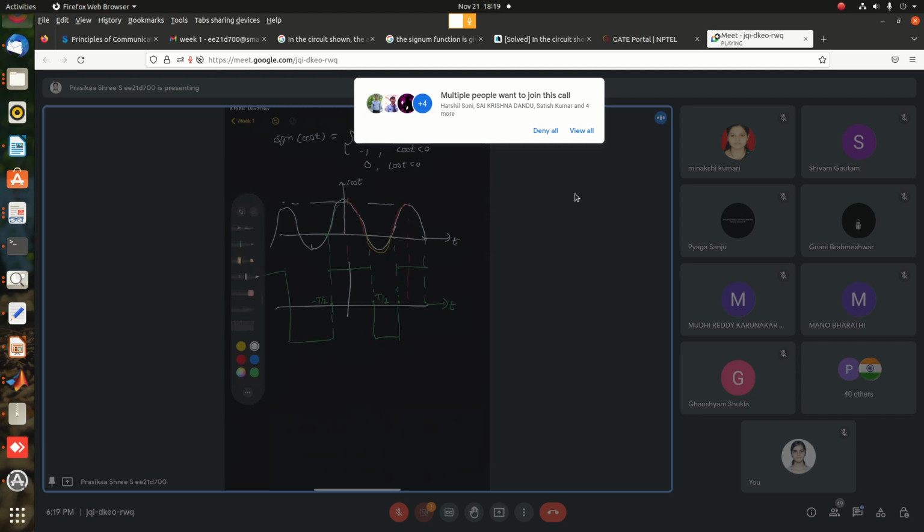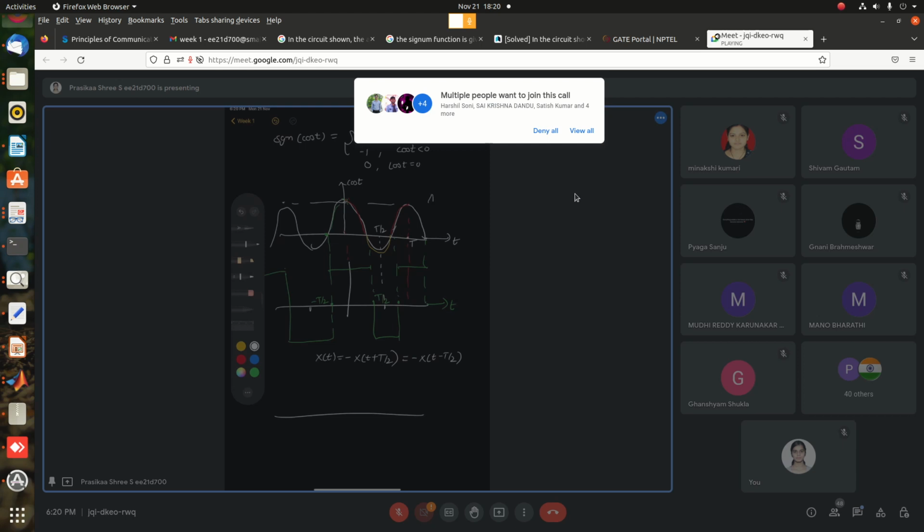Okay. So let us see if this signal obeys the half-wave symmetric property. This can be x of t minus T by 2. So shift the signal by T by 2. See, this point is T by 2.